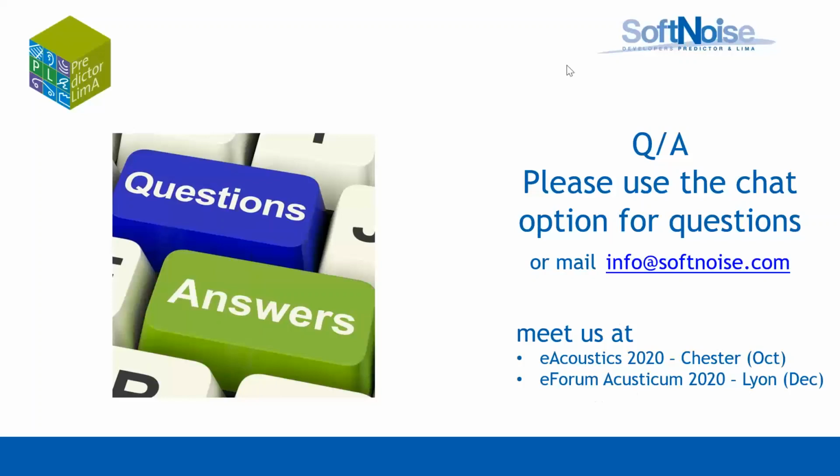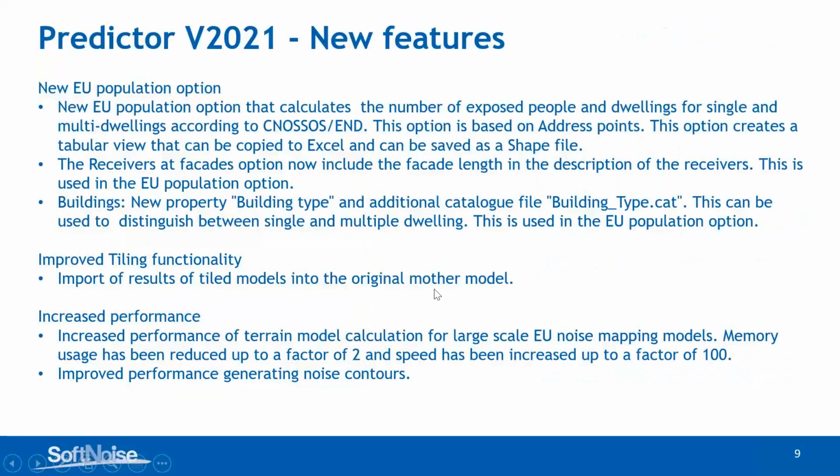Okay, then I'll continue with the next part. New features in Predictor 2021. In the README file of Predictor 2021 is the complete list of all new features, and I will highlight some of them. New is an EU population option that calculates the number of exposed people and dwellings for both single and multi-dwellings.